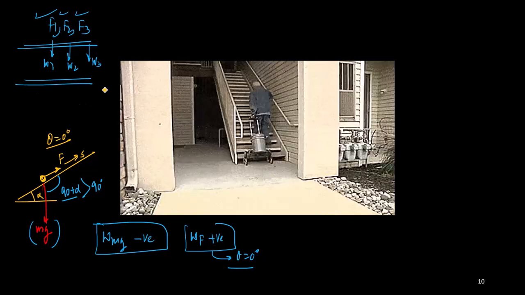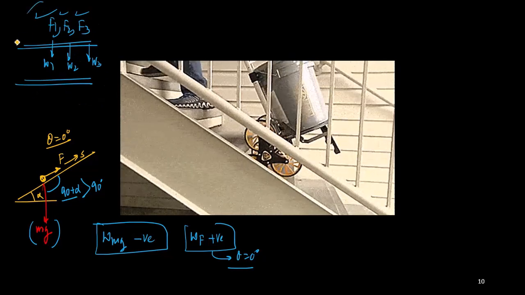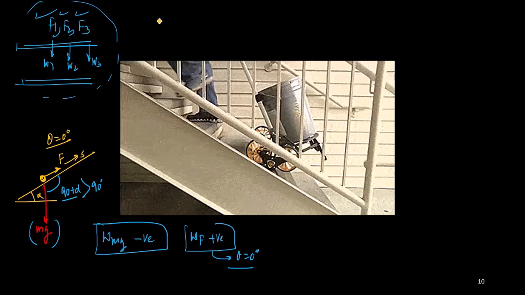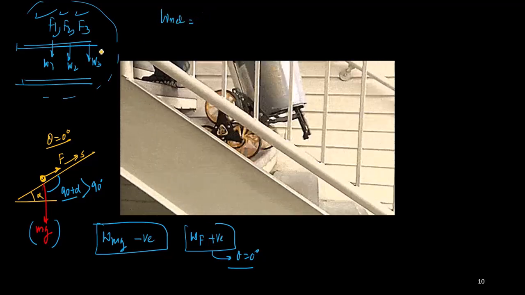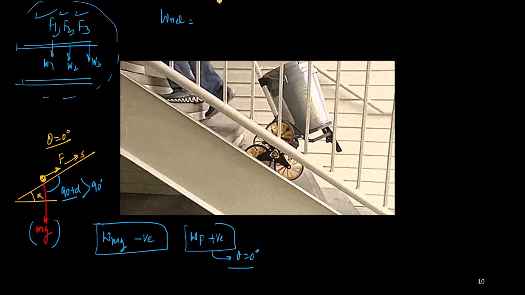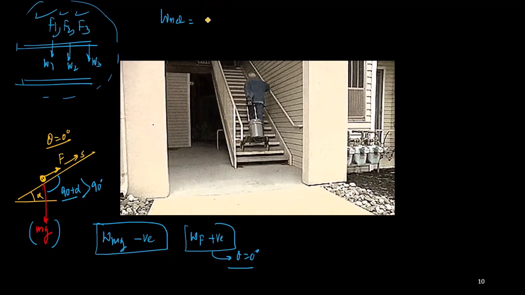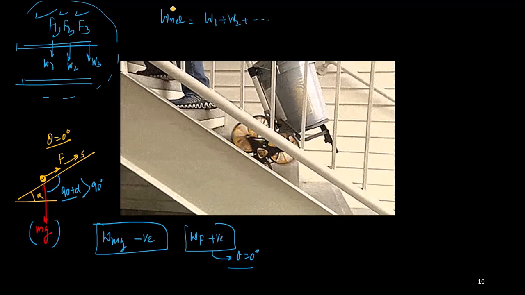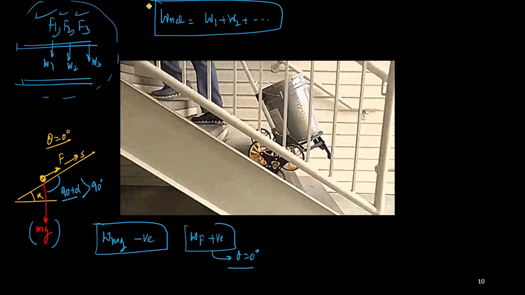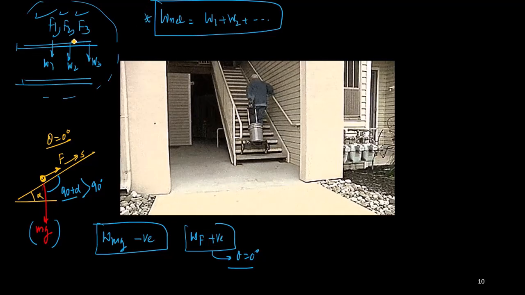So once I calculate all the work done, then based on that, you can calculate the net work. What is net work? Net work is nothing but the simple summation of W1, W2, W3. Why? Because these are scalar quantities. So I can add W1 plus W2 plus W3 like this. All the numbers can be added up. And once you add these numbers, I can get the value of net work.